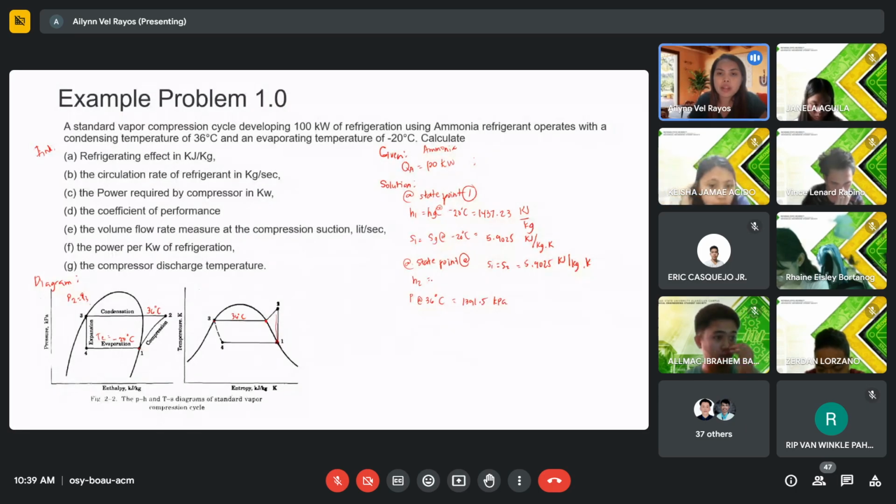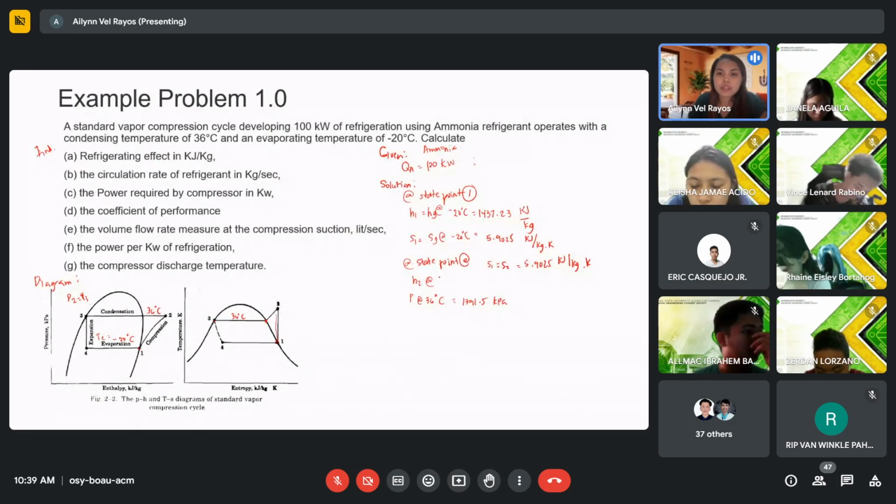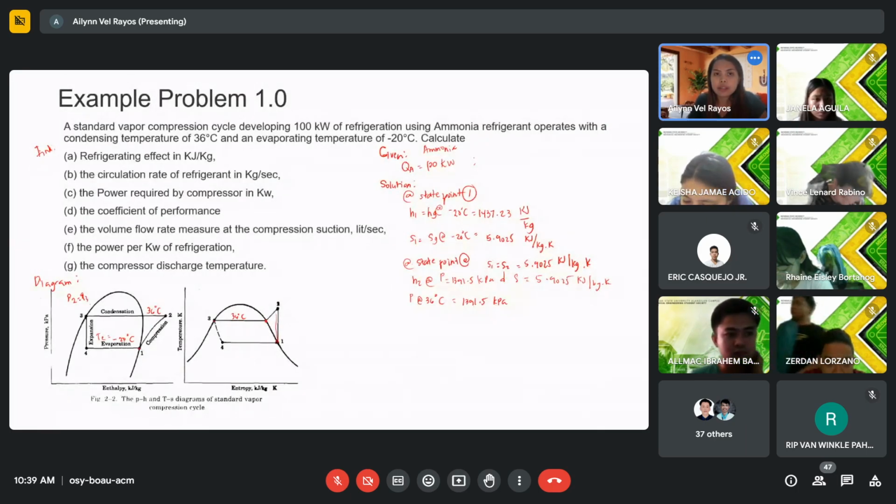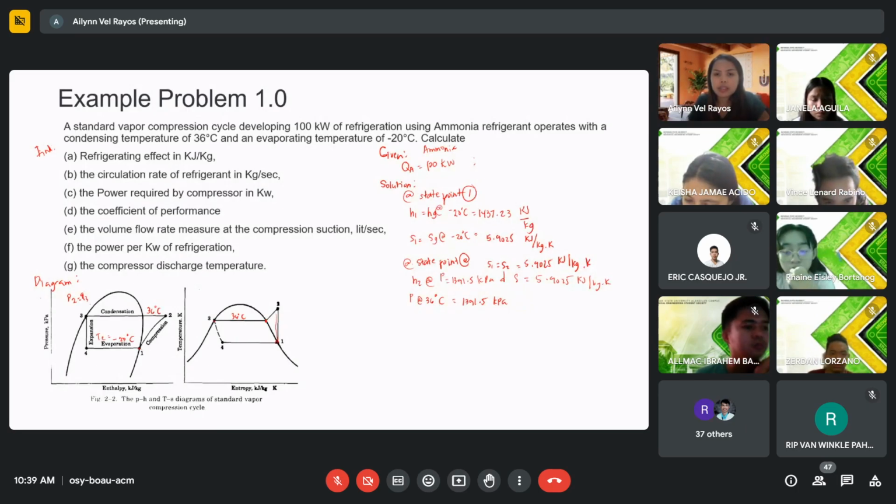Ibig sabihin, para makuha natin itong H2, kailangan H2 at pressure at P equals 1391.5 and S is equal to 5.9025 kilojoule per kilogram Kelvin. Clear ba tayo doon? Clear? Yes po, ma'am.